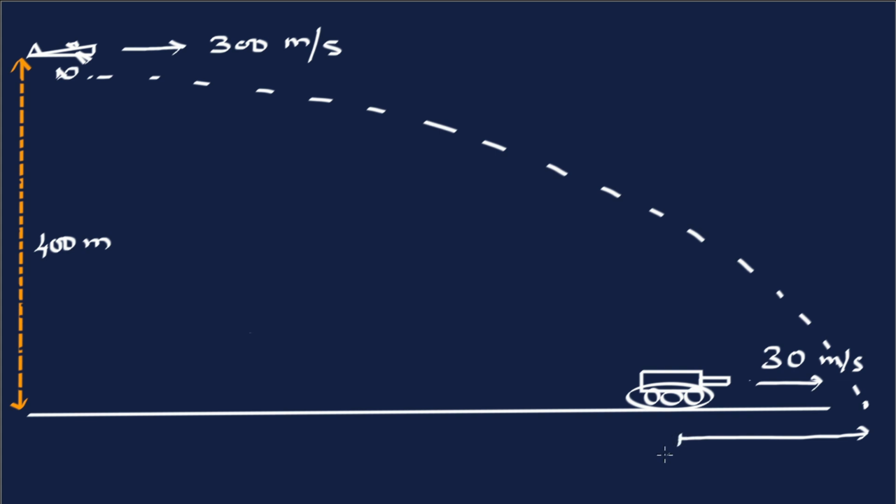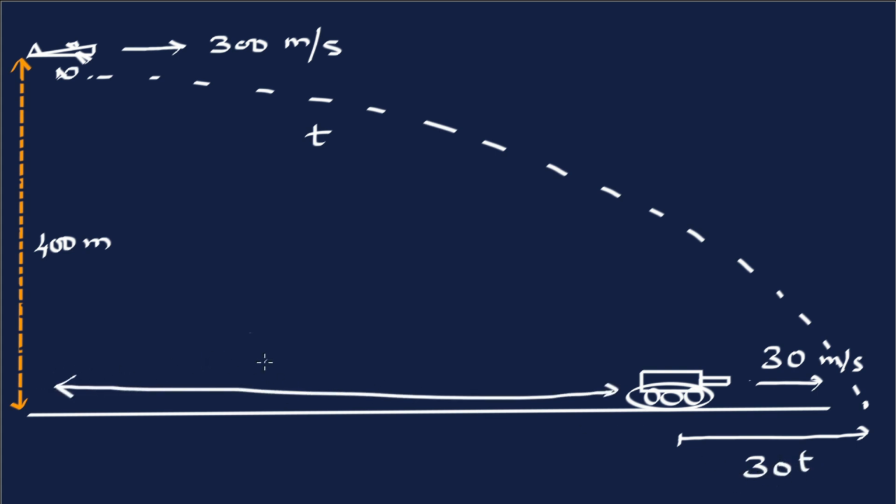So let's say the time of travel is t. During this time, the target is moved a distance of 30t. And our job is to find the distance, or I'll just call it S, the distance from the target when the bomb was released. So the total horizontal displacement of the bomb is S plus 30t.